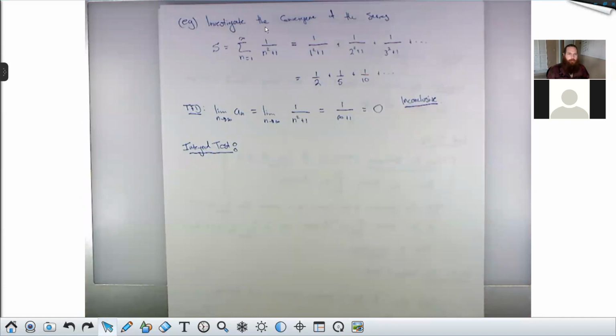What is the function f(x) that is relevant to this series based on the integral test? The sequence 1 over n squared plus 1 is the restriction of what positive continuous decreasing function?